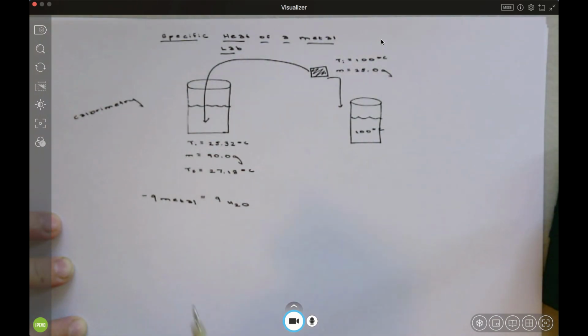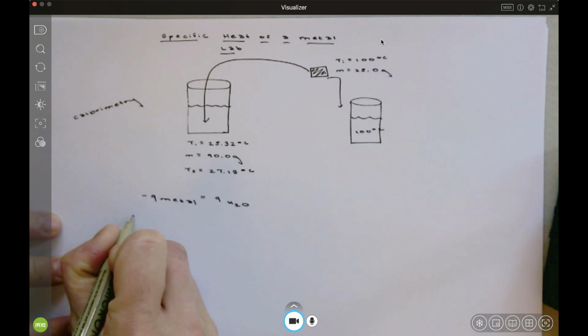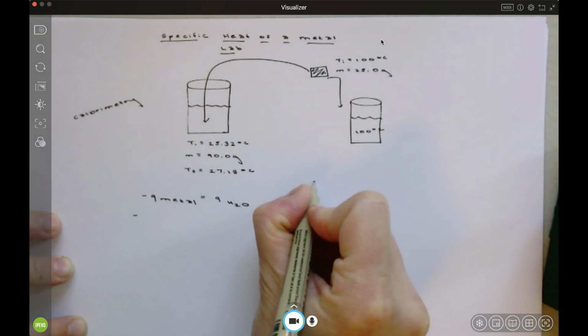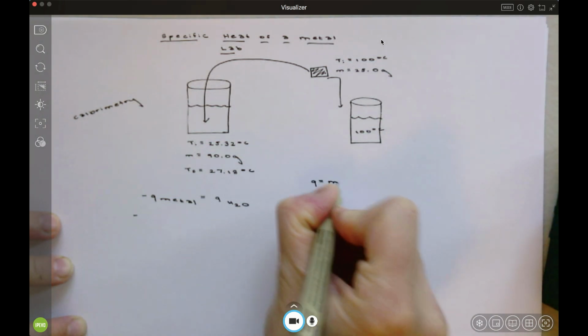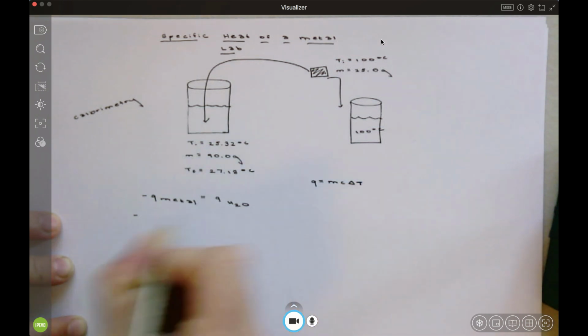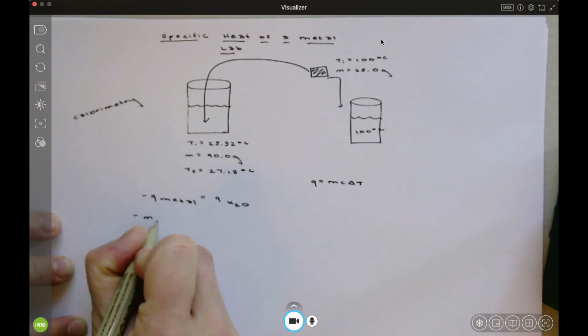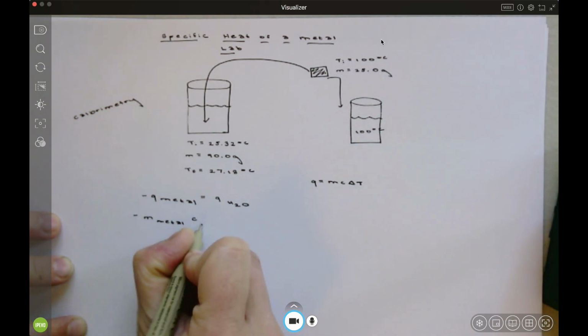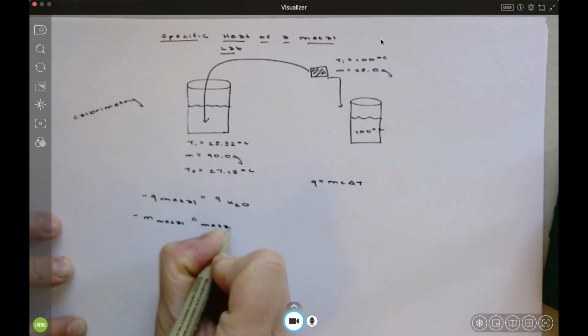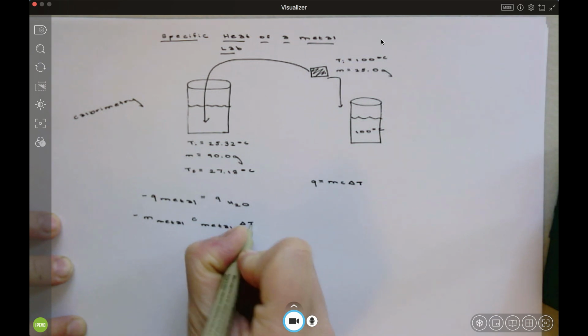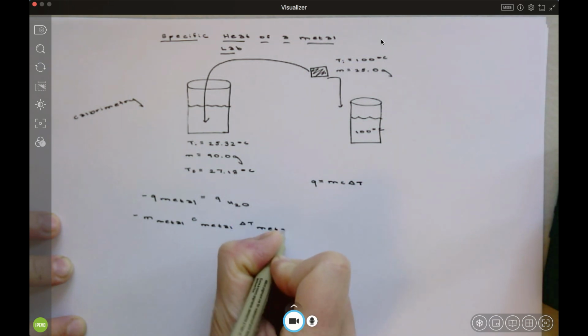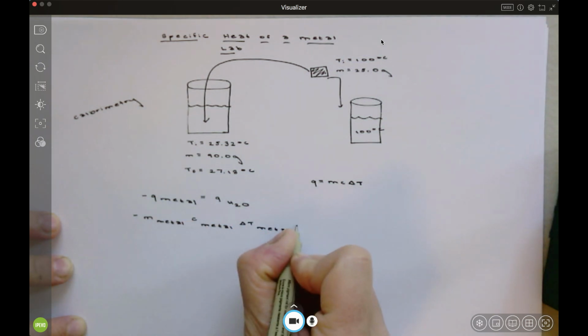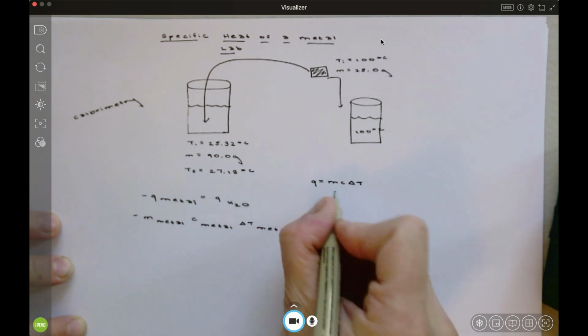Okay? So now what I know is that, remember we're using the formula Q equals mc delta T, the negative mass of my metal times the specific heat of my metal times the change in temperature of my metal, keep in mind that is my Q of my metal, is going to be equal to mc delta T of water.